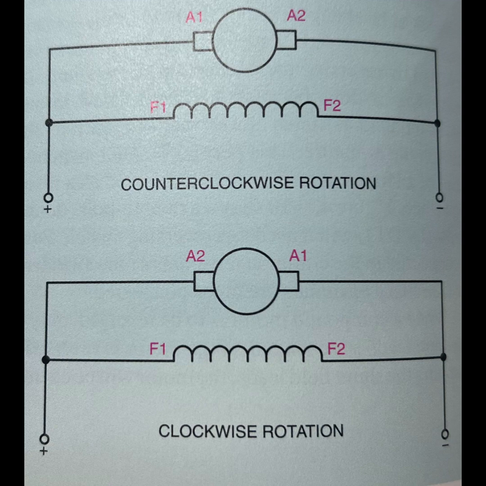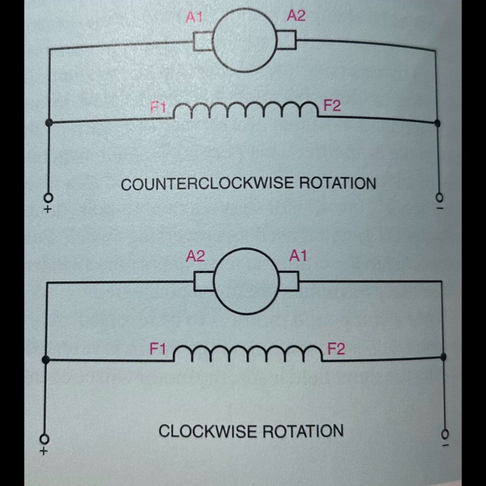This is done because the current flow through the shunt fields is much lower than the current flow through the armature.